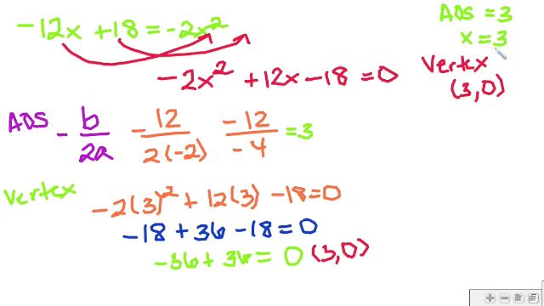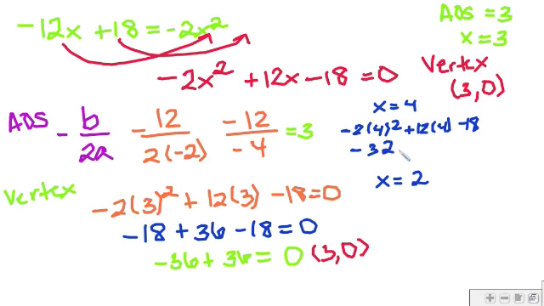I need a number less than 3 and higher than 3. So I'm going to say that x equals 2, and I'll put this one up here. Let's put x equals 4. So we get negative 2 times 4 squared plus 12 times 4 minus 18. 4 squared is going to be 16. 16 times negative 2 is going to give me negative 32. 12 times 4 is going to give me positive 48.